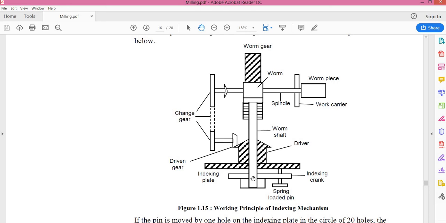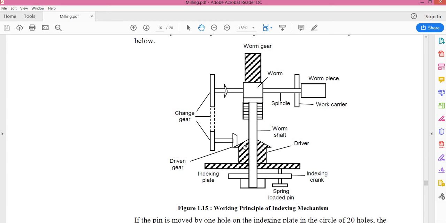Over here you can see the indexing crank, which will be revolved around its axis, or the worm shaft, and there is a spring loaded pin which connects the indexing crank with the indexing plate. According to the requirement of the indexing, you will fix this spring loaded pin into the indexing plate, which helps in rotating the crank and indexing plate likewise.